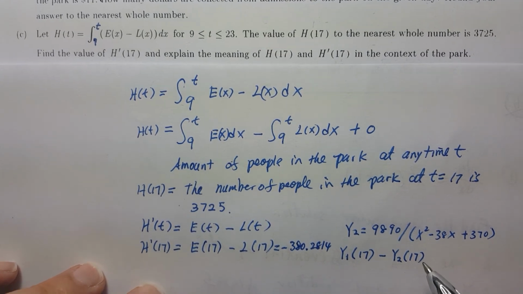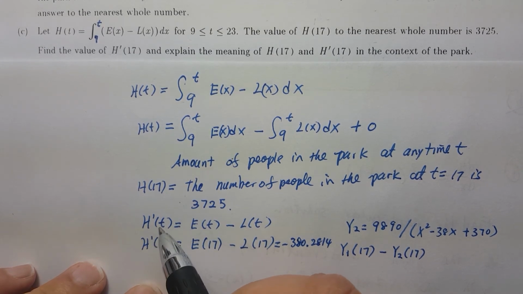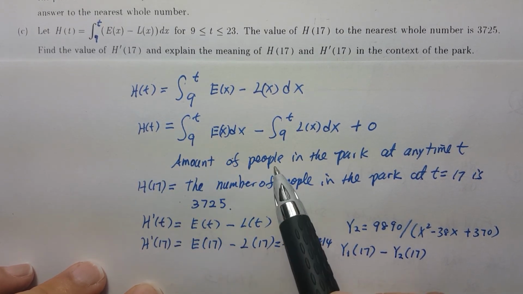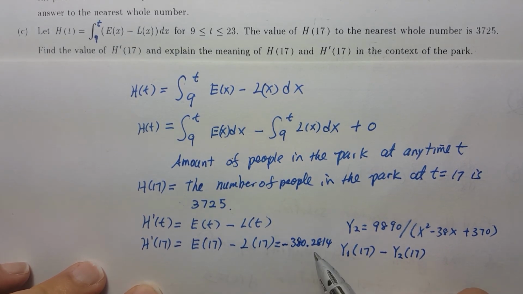So the question asks you to explain the meaning of h prime of 17. We know h prime of t is the slope of the amount of people, the rate of change. So it's negative, so it indicates it's decreasing.